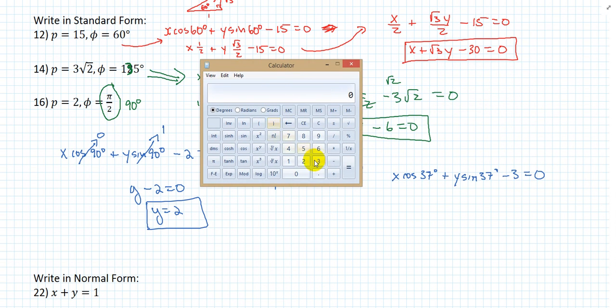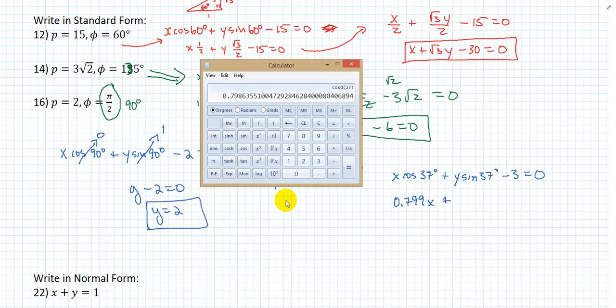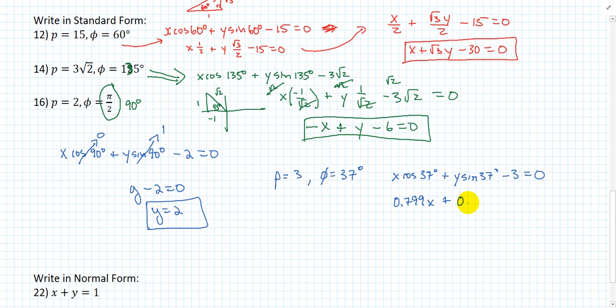And so cosine of 37, make sure I'm in degree mode, is 0.798. Let's just go 0.799. So this is 0.799x plus, and then sine of 37 degrees is 0.602, 0.602y, and that would be minus 3 equals 0.